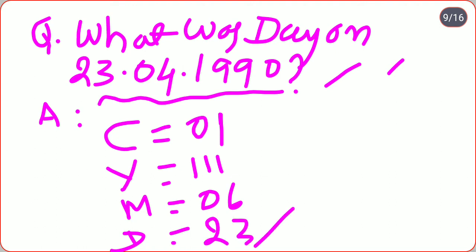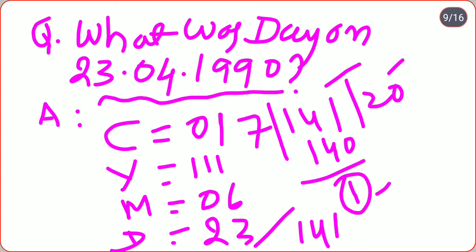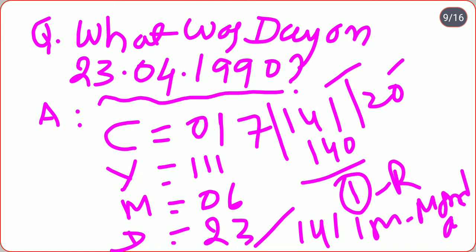So the total is 141. 141 divided by 7 is 140, remainder 1. So remainder 1 means Monday. So the day on 23/4/1990 is Monday.